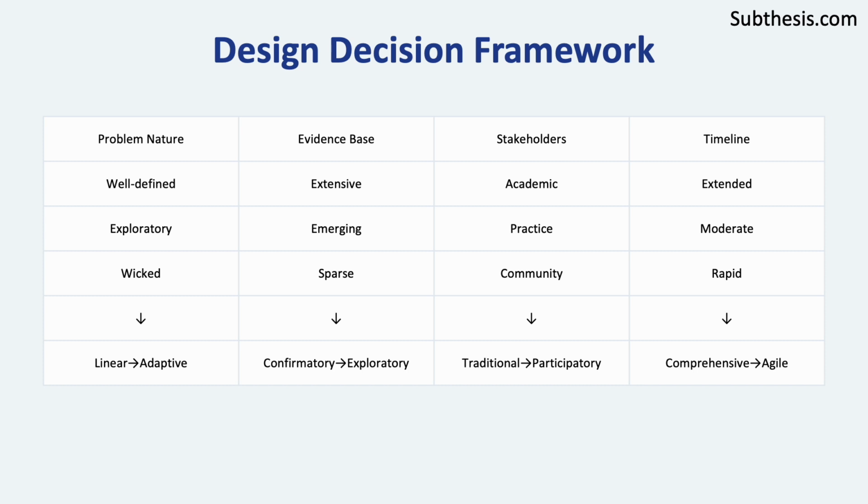Academic, practice, or community. Fourth, consider your timeline. Extended, moderate, or rapid. These dimensions guide you toward appropriate design choices from linear to adaptive, confirmatory to exploratory, traditional to participatory, and comprehensive to agile approaches.